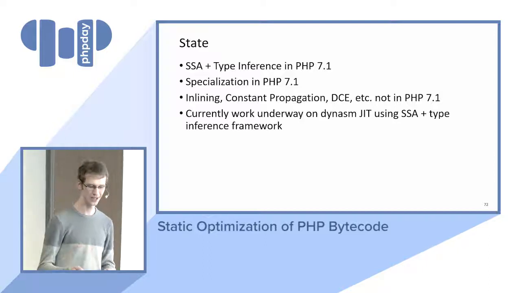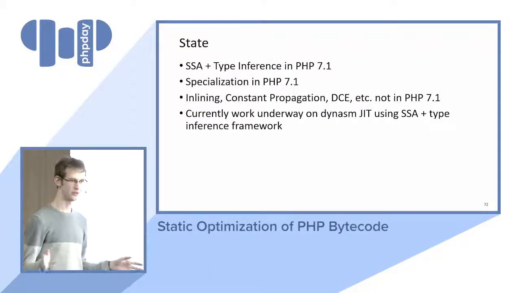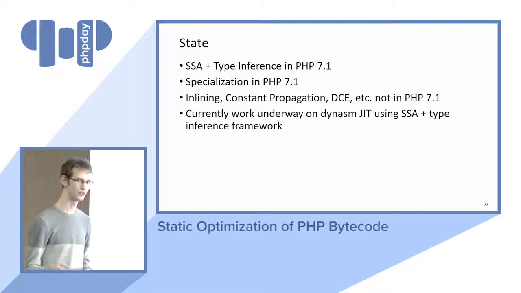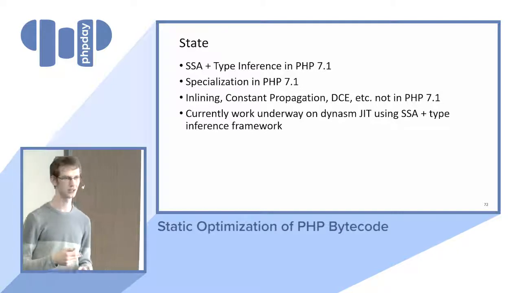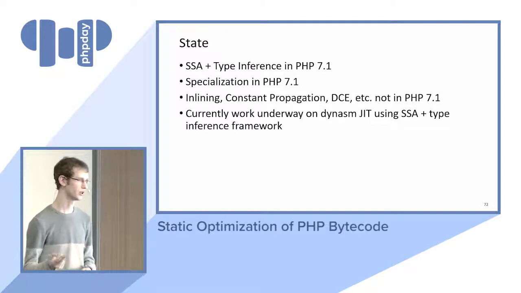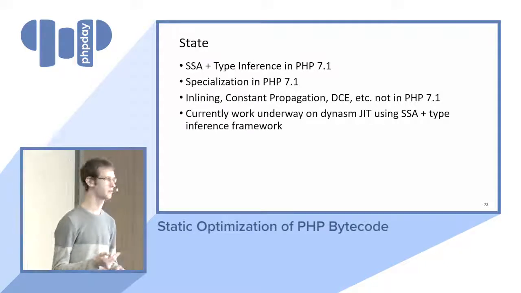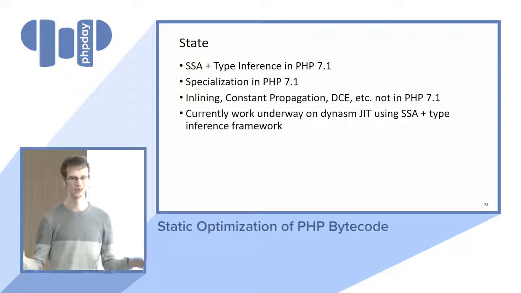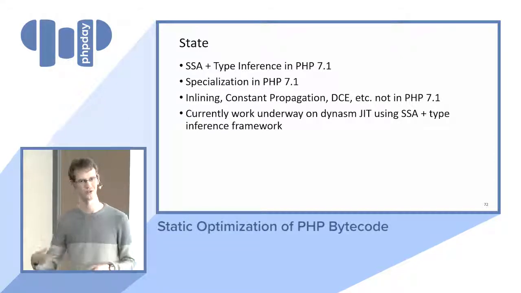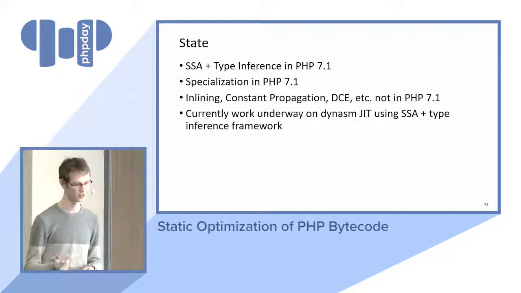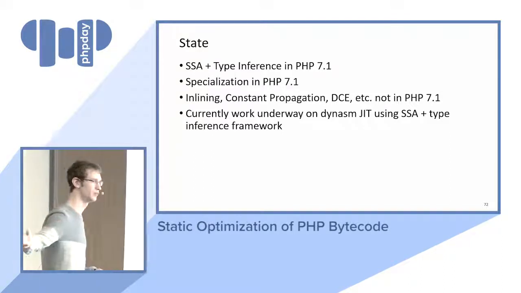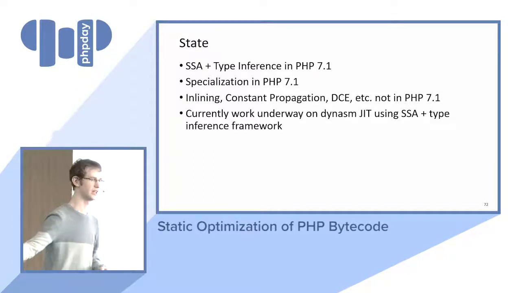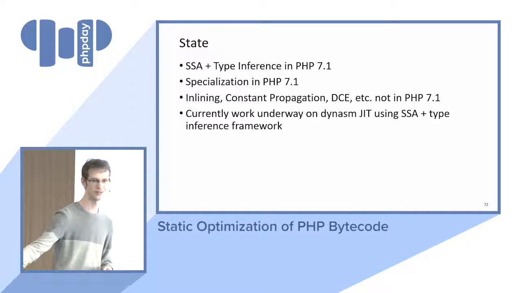This one is based on the same SSA type inference framework I've introduced before, and it uses DynASM for code generation. DynASM is a library coming from LuaJIT, which is one of the really famous and very, very fast just-in-time compilers. One of the previous attempts used LLVM instead of DynASM.